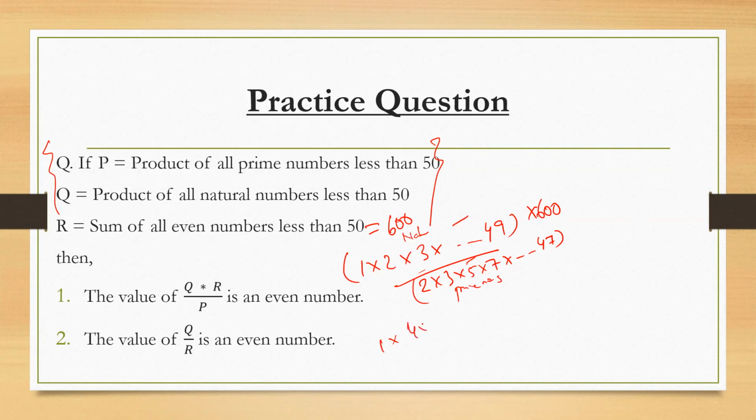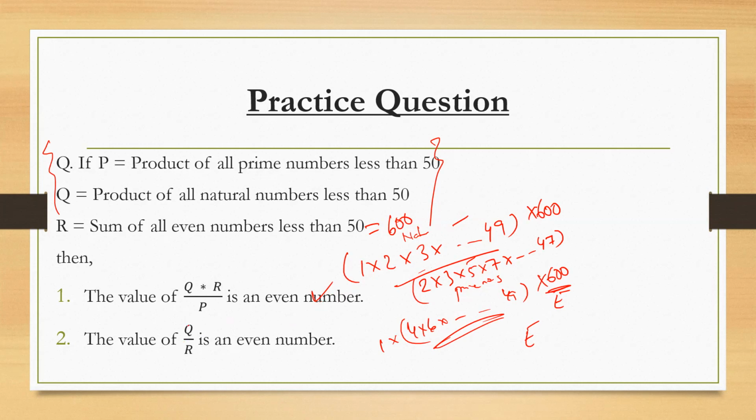Composite numbers रहेगा 4, 6, 9 and like this till 49. Now into 600, which is clearly even. No matter whether the rest is odd or even, because you are multiplying that number with an even, it will be even itself. So the statement is correct.